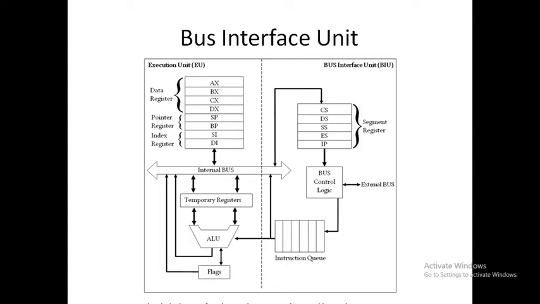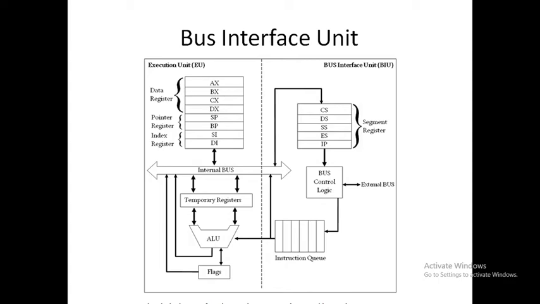This process increases the speed of the processor because there is no lagging or waiting for getting instructions to the execution unit. The data or instruction is always kept in the instruction queue.